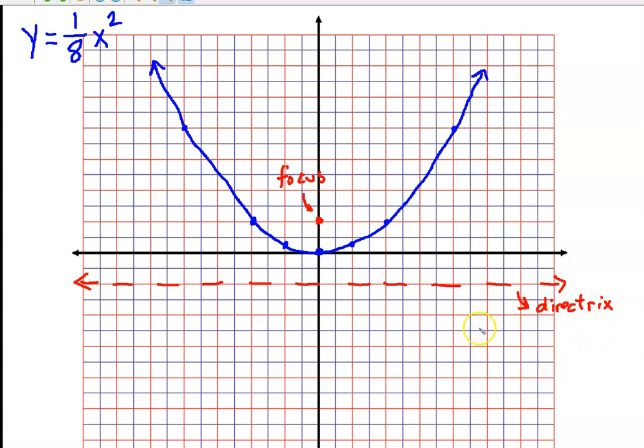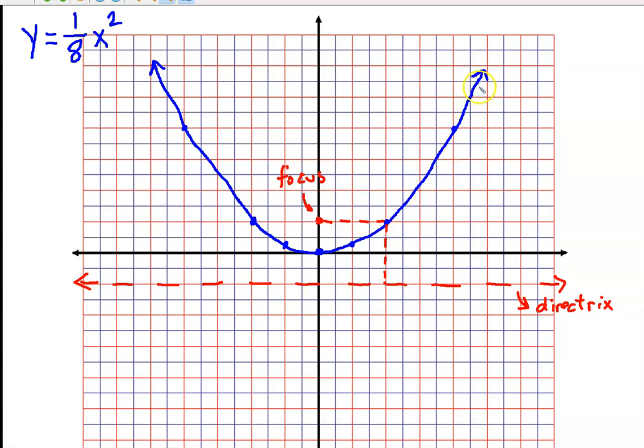So the official definition of a parabola is this. When I take the distance from focus to any point on the parabola, that is the same distance as going from that point and going to this line called the directrix.